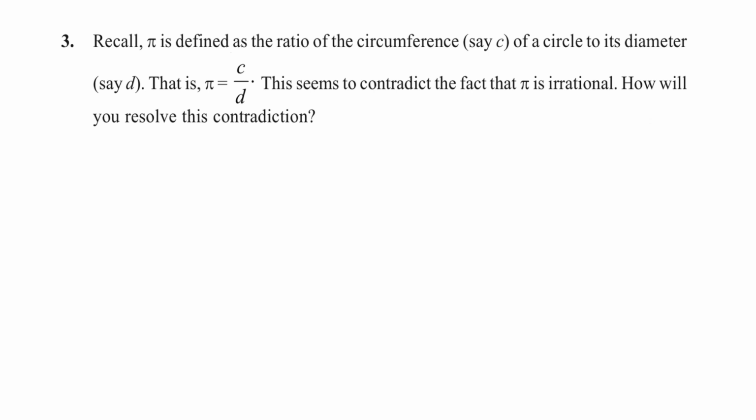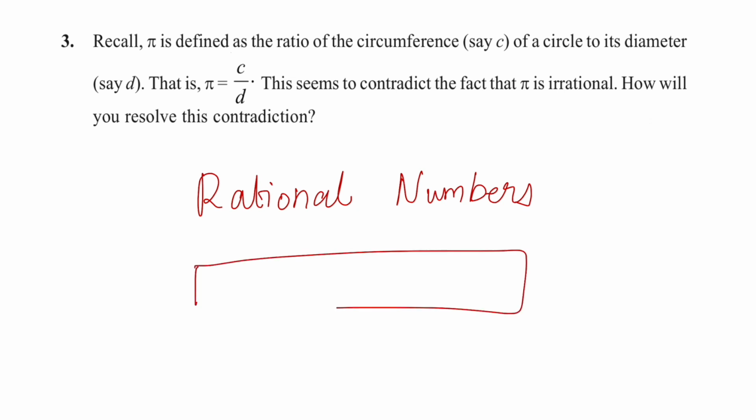We use a ruler or something that we use as a measuring device, right? Now when you measure using such measuring devices, those devices actually measure in terms of rational numbers. For example, a ruler has these measurements, so this is in terms of rational numbers.